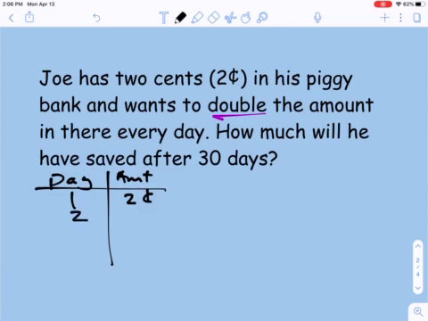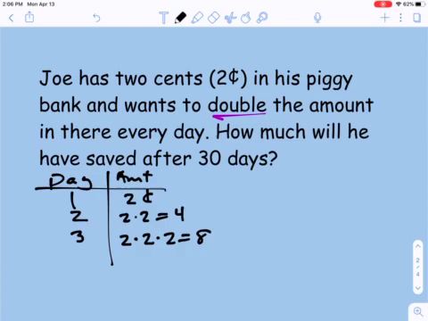On day 2, we're going to double this, so we take 2 times 2, and that gives us 4 cents. And then on day 3, starting with your amount from day 2, which was 2 times 2, we double it again, which is multiplying by 2, and you get 8.